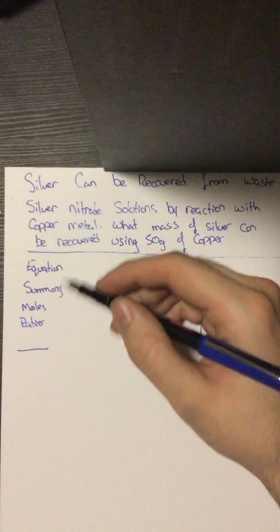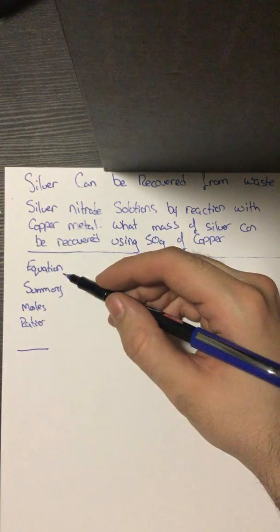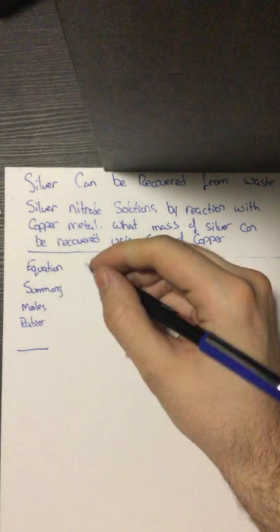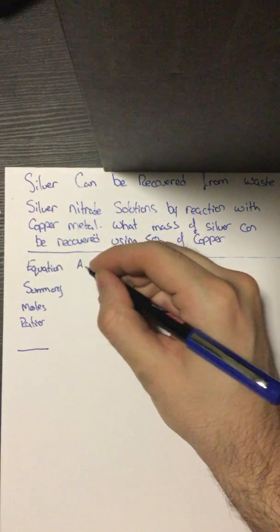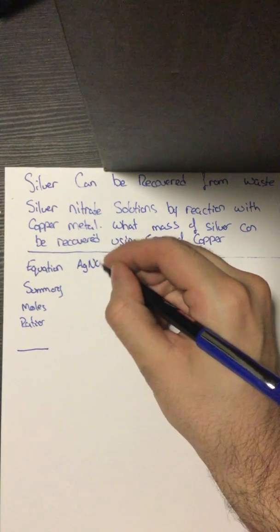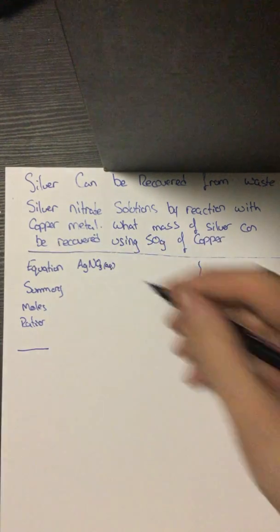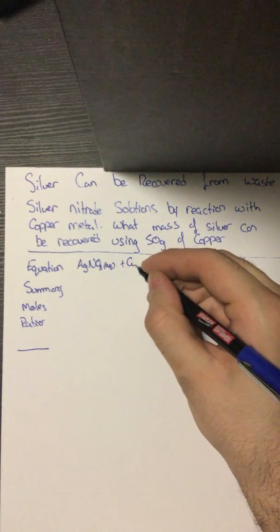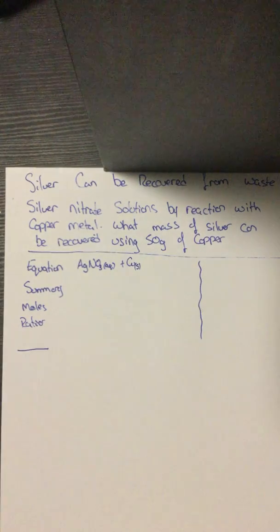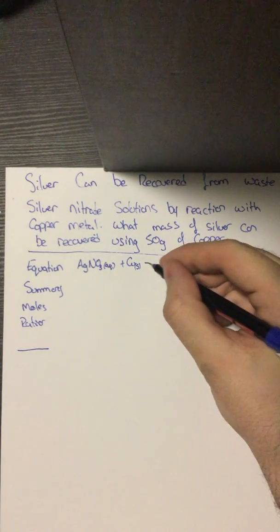Alright, so step number 1 is always to develop an equation. So here I'm going to be seeing that silver nitrate solution, so aqueous, plus copper metal can be used to recover pure silver.